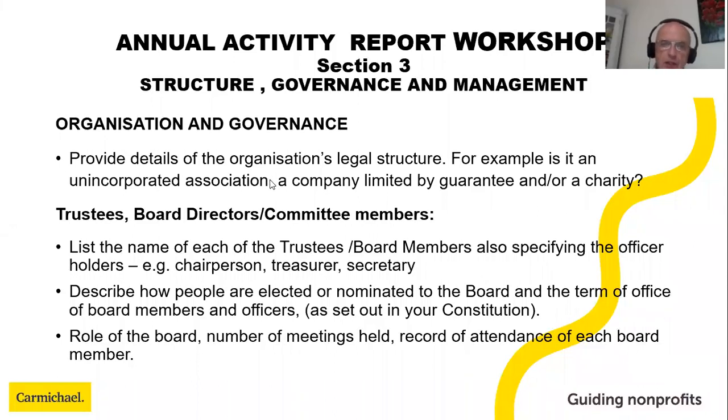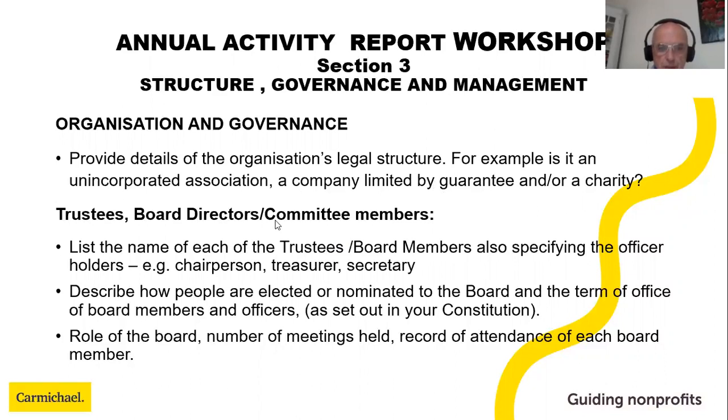But having said that, the charity regulator has produced a very good constitution for unincorporated associations, and a number of groups that I've dealt with have substituted their existing constitution for the guidance document that the charity regulator has put on their website. A company limited by guarantee: again, the charity regulator has a very good constitution document on its website, and again, it's worth having a look at that.